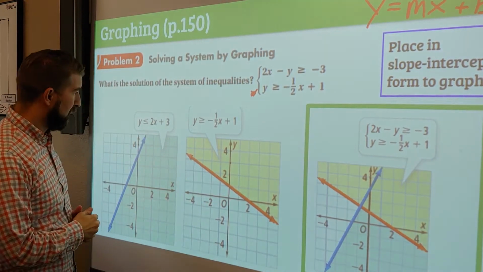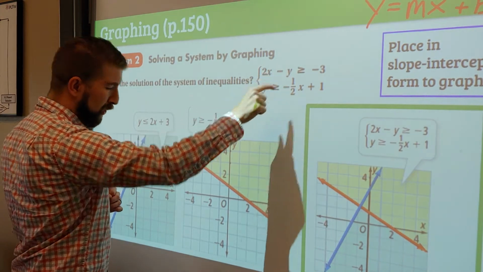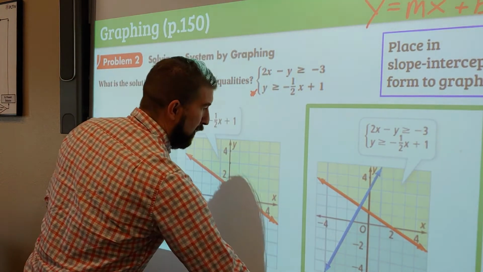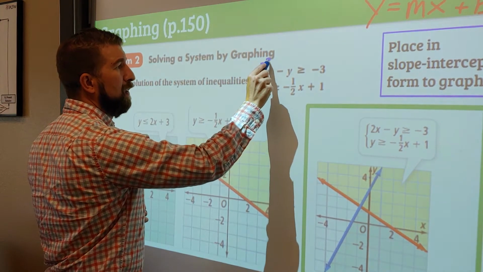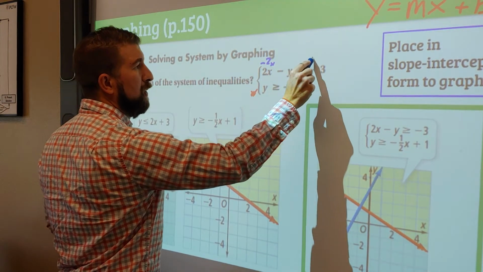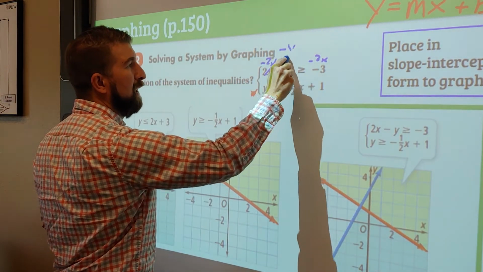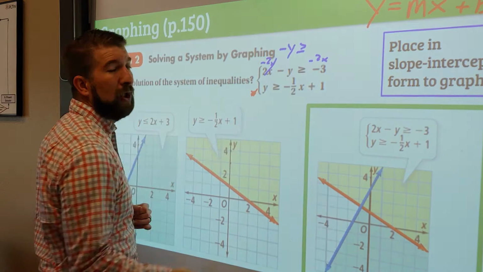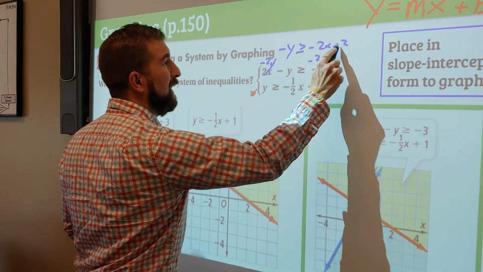So let's look at what they did. In order to get this first equation into slope-intercept form, they made it blue. Then we're going to subtract 2x from each side. That cancels there. This becomes negative y greater than or equal to negative 2x minus 3.